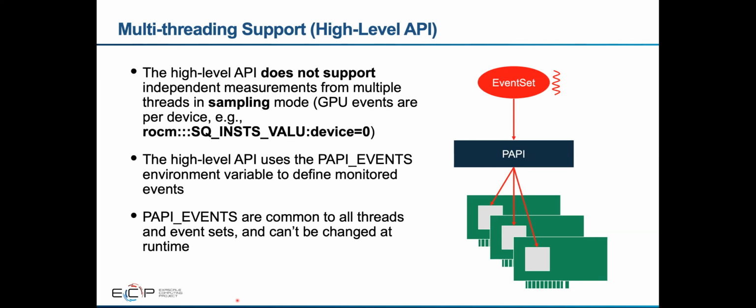Intercept mode, however, works without any issue with multi-thread monitoring in the high-level API, for the same consideration as before, because threads will run kernels on the hardware at different non-overlapping points in time.